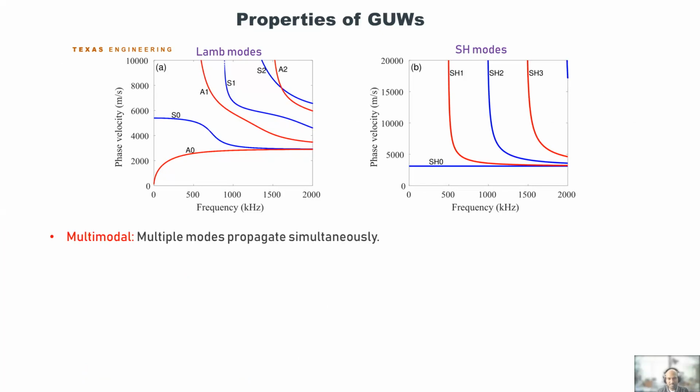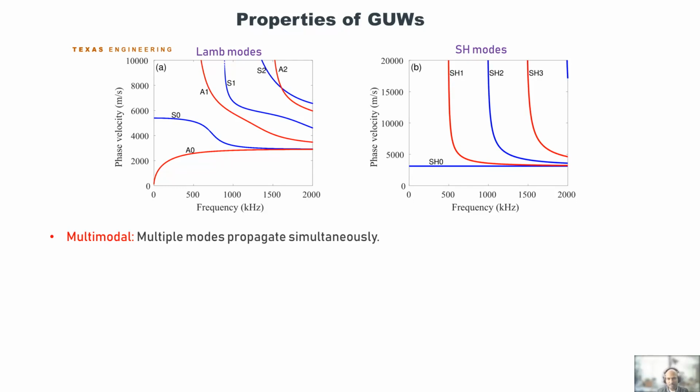And the other interesting thing about these modes is that they are multimodal. Suppose our mouse is on the plate and it rears, and that rearing causes waves to propagate at 500 kilohertz. At 500 kilohertz, there will be two modes propagating: an anti-symmetric zero mode and a symmetric zero mode. Similarly, suppose the mouse is sniffing, and those waves are at 1000 kilohertz.